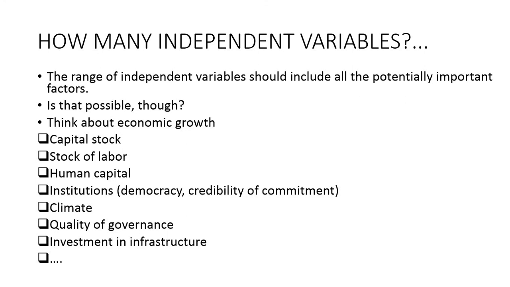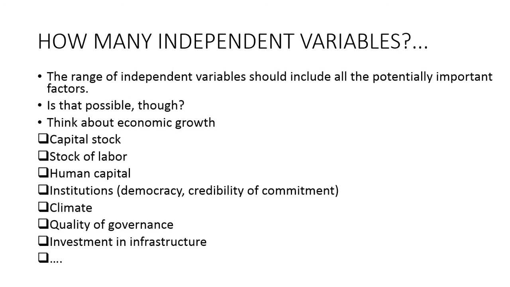It's not that easy, however. Sometimes it's just impossible. Sometimes you do not have enough data. But even if you have enough data and you start to think about all the potential determinants, it might be very complicated. We can think about economic growth.